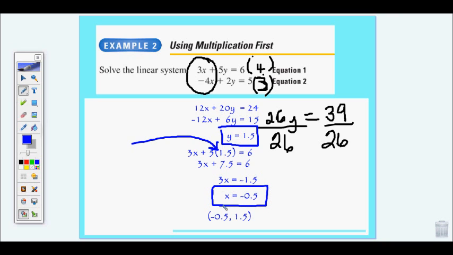And then the final step, make sure you're writing it in coordinate point form: negative 0.5 or negative 1/2, and then 1.5 or 1 1/2. Again, check this by substituting it into the other equation, making sure it is a true statement for the other equation, or by plugging it into Desmos and seeing if this is the intersecting point.